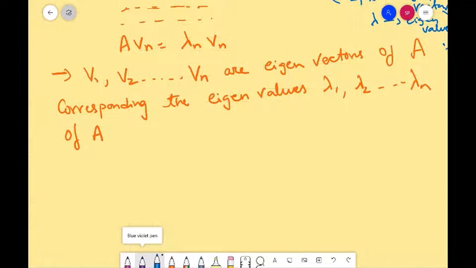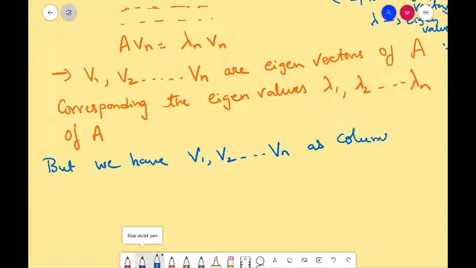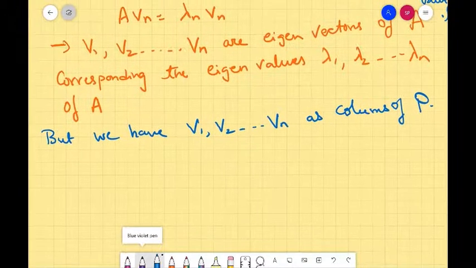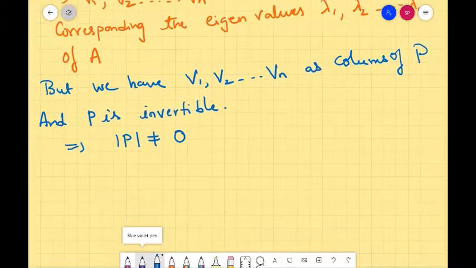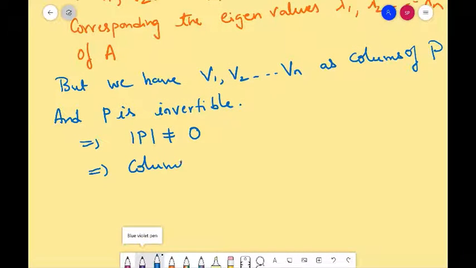So what do you mean by that? We have V1, V2 and so on Vn as columns of P. Then P is invertible, which implies det P is not equal to 0. That implies the columns of P are linearly independent.